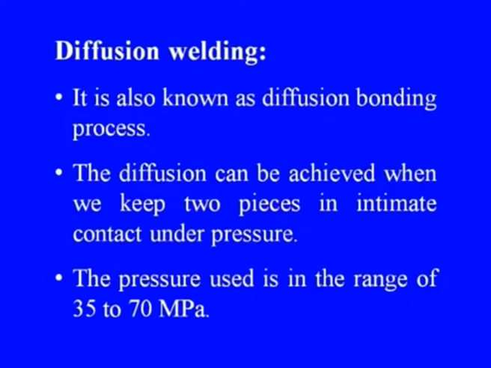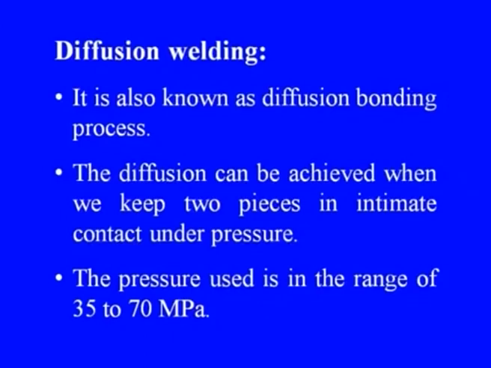Another process is the diffusion welding process. Diffusion welding is also known as the diffusion bonding process. Diffusion can be achieved when one keeps two pieces in intimate contact under pressure.